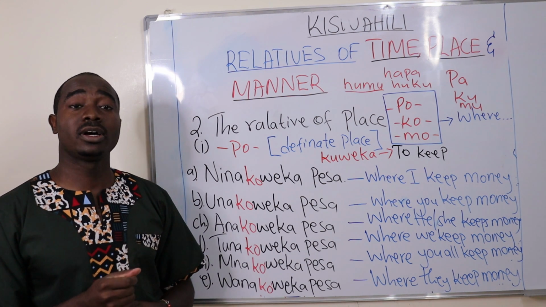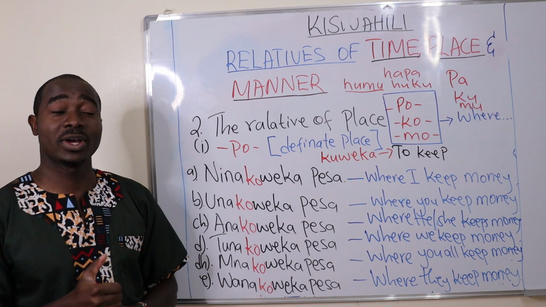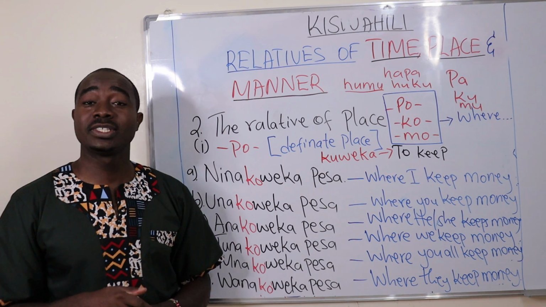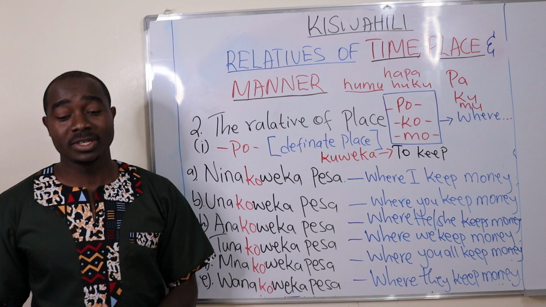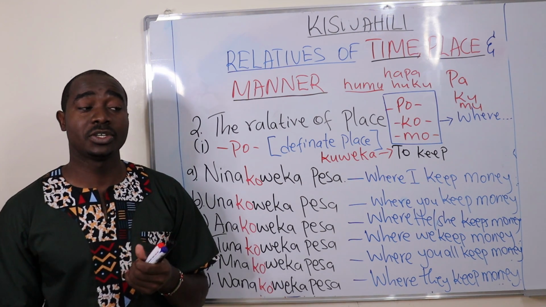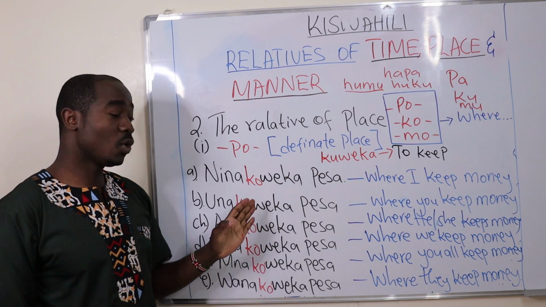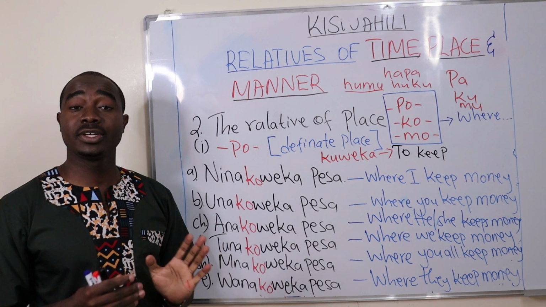Mostly traditional grammars, yani grammars ni watu gani? Wanasarufi. Like we have scientists, we say wanasayansi, and grammarians in Swahili, wanasarufi. Most traditional grammars were very strict on the use of this po, ko, and mo. Very, very strict.